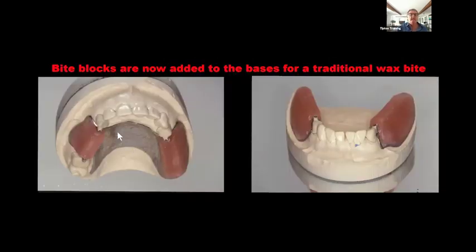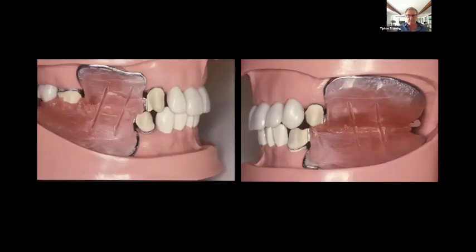So he again sends us back the crowns, not in their biscuit bake, just with their opaque on. And he sends us back the bases with the struts attached to the bases. So the male is now in the base, attached to the base. And on the bases, he puts his traditional wax bite blocks. And what we're going to do now, remember, this is going to be a bimanual manipulation. This is a reorganized approach.